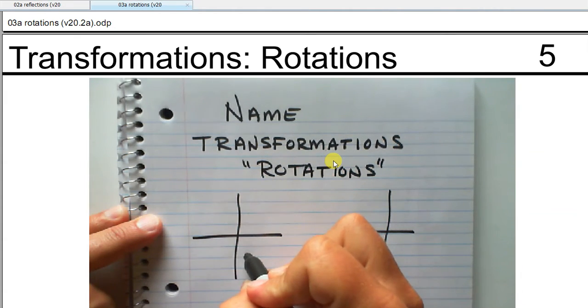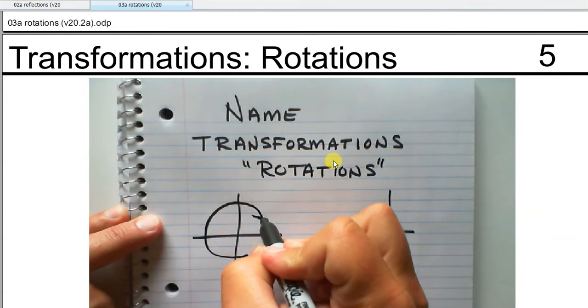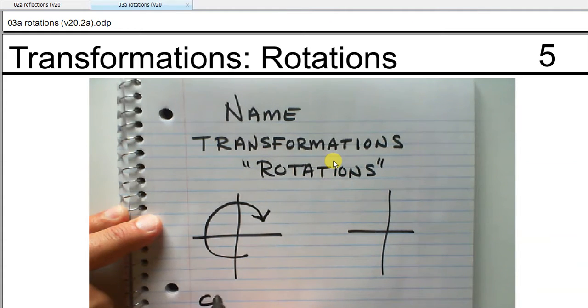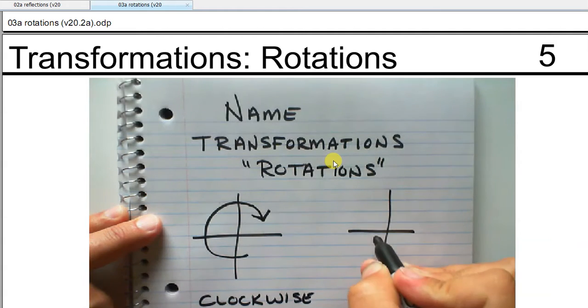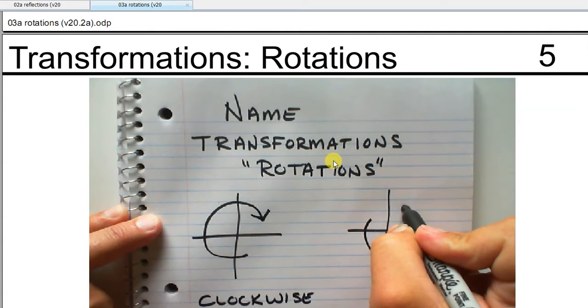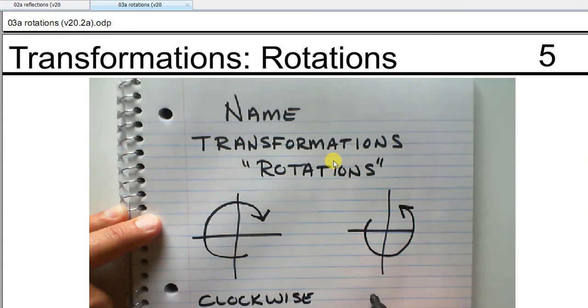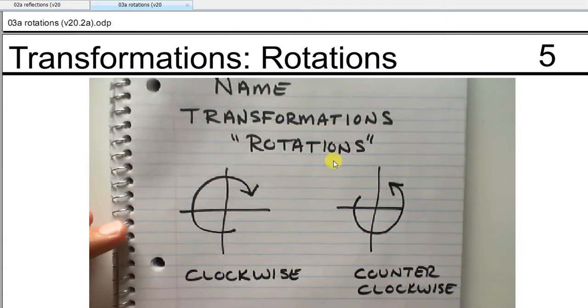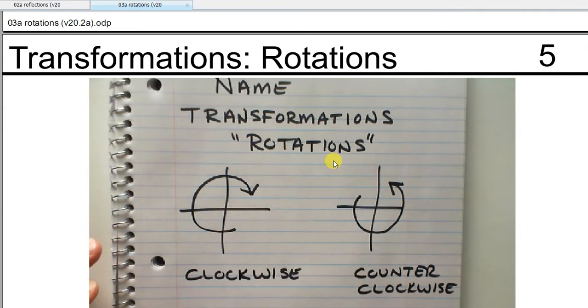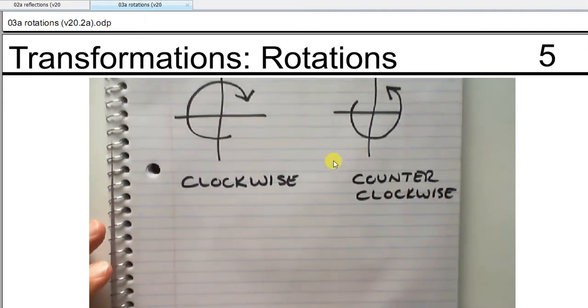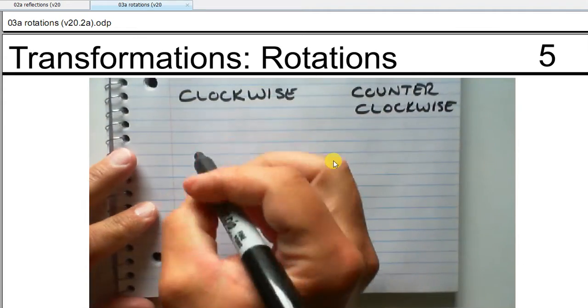When something is going like this, that's clockwise. When it's going the other direction, that's counterclockwise. And we also need to know some degrees here.